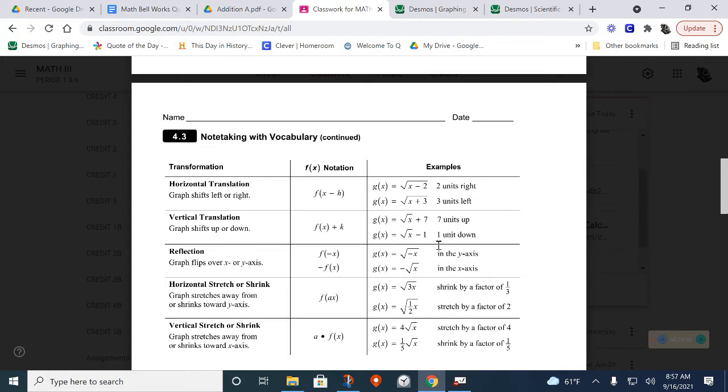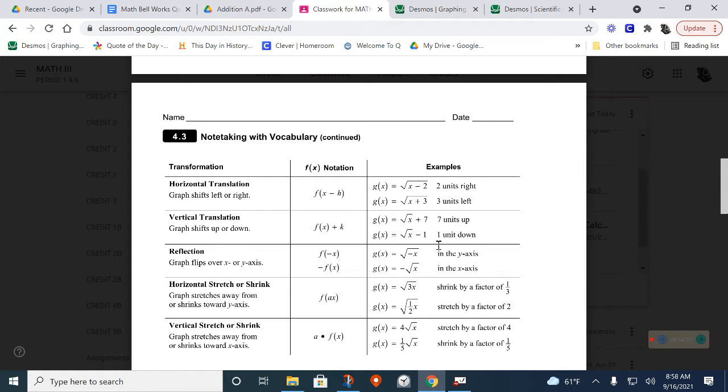What ends up happening if I subtract 5 from x, I'm going to have a new function that's like a child of the parent, but it's going to look a little bit different. It's going to be shifted to the right. It's going to be what we call a horizontal translation. Translation is just a fancy smancy word for sliding. To slide something is to translate something in math.